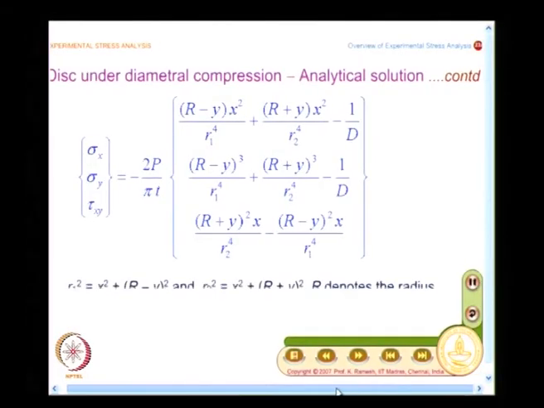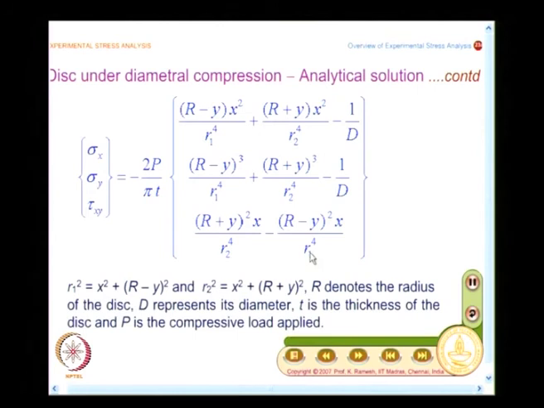Fortunately, theory of elasticity provides this solution, and here again it is given in a convenient form: sigma x, sigma y, tau x y, and you have this as minus 2 P by pi t, and I would request all of you to take down these equations. Though these equations are very long, it is very valuable information. When we develop photoelasticity, we could directly use these equations for our interpretation.